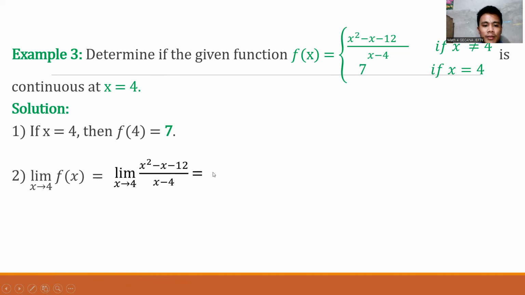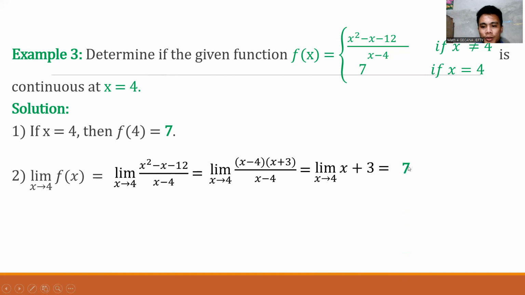The next thing we will do is factor x squared minus x minus 12. We get x minus 4 times x plus 3 over x minus 4. Cancel out the x minus 4, so we have the limit of x plus 3 as x approaches 4. Then we substitute 4 for x, so we get 7. As we can see, condition 2 also exists.